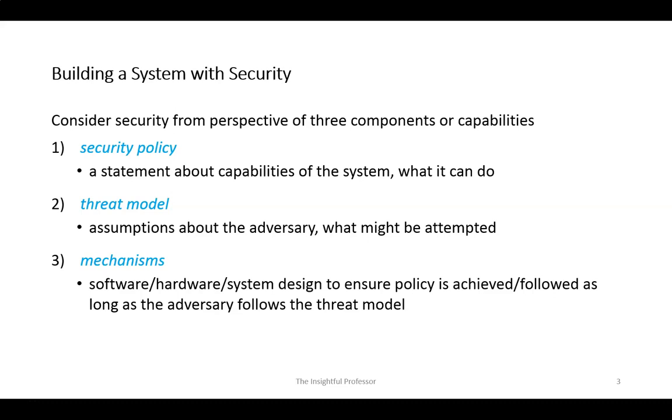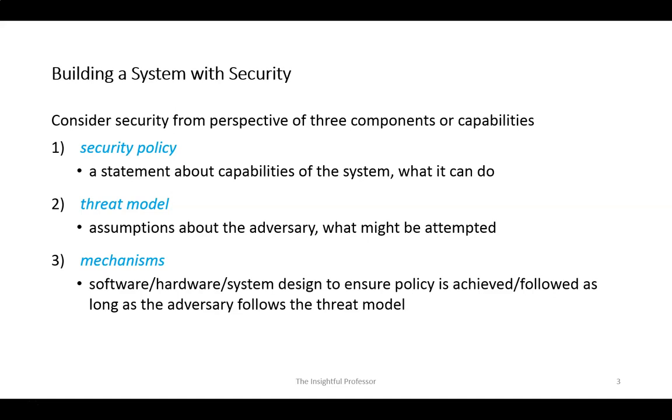We must ensure that the security policy is followed regardless of the capabilities of the adversary. We note also that the system simply enforces the policy. It does not dictate the policy. The policy is dictated by the organization or individual who wishes to employ security.